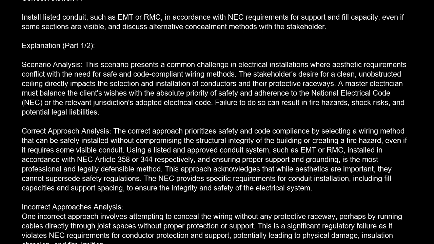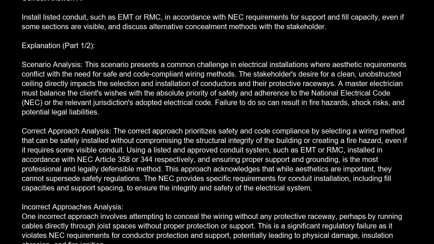Correct approach analysis. The correct approach prioritizes safety and code compliance by selecting a wiring method that can be safely installed without compromising the structural integrity of the building or creating a fire hazard, even if it requires some visible conduit. Using a listed and approved conduit system, such as EMT or RMC, installed in accordance with NEC Article 358 or 344 respectively, and ensuring proper support and grounding, is the most professional and legally defensible method.